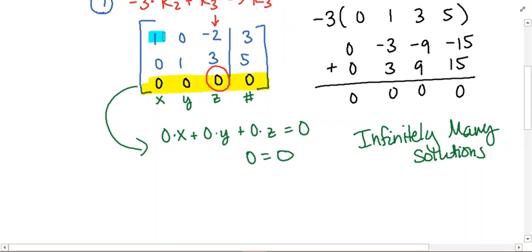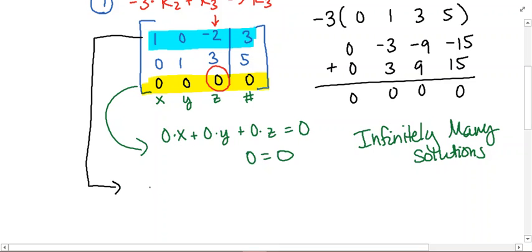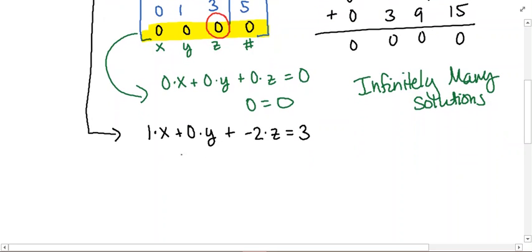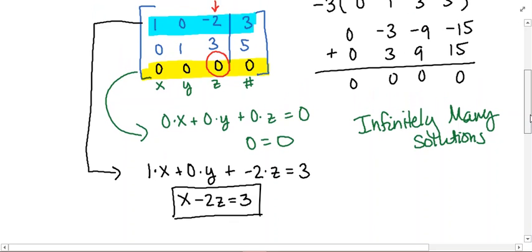Okay, I'm going to start with this row. We are going to turn this guy into an equation. Okay, so we're going to have 1 times x plus 0 times y plus -2 times z is equal to 3. Okay, if you clean that up, you're going to get x minus 2z is equal to 3. Okay, I'm going to box that and I'll come back to that in just a second. Okay, similarly, I am going to translate this row into an equation.